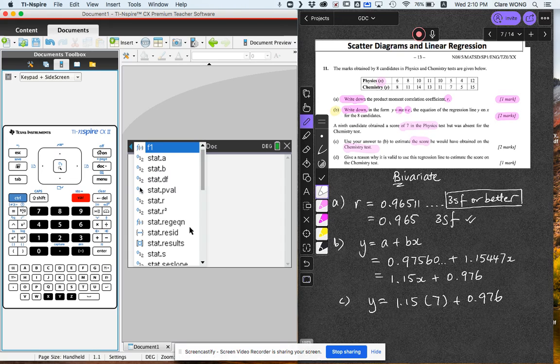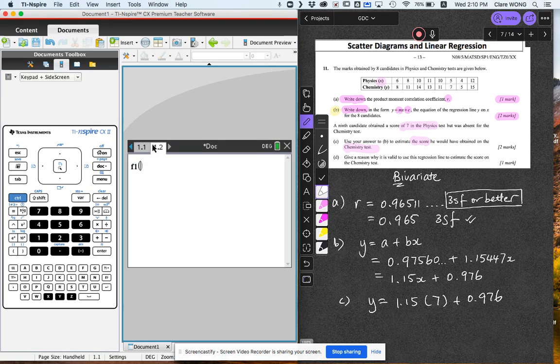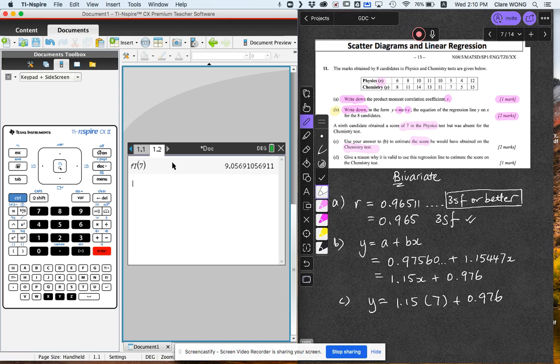Or you have the option of going to the calculator, because it's stored in your F1. So you can just put 7 and enter. This would give you 9.06. This is the score for the chemistry test. Now, whether or not you need to round it up to the whole number, I don't think it is necessary. You can leave it as such, or you can just say about 9. But we must see this, so don't just go directly to 9.